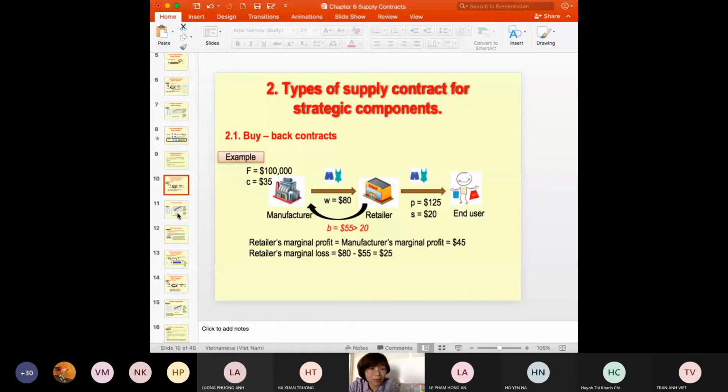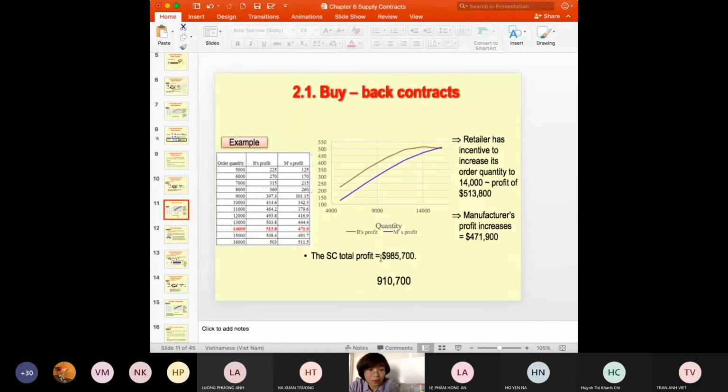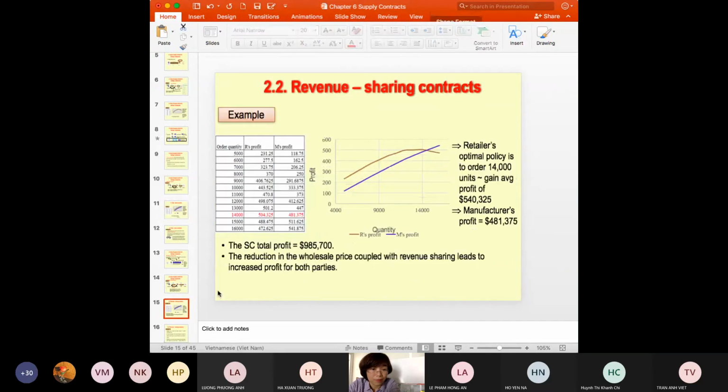So look at this. You see in the buyback contract, sorry, in the buyback contract, you get the same profits for the supply chain. That is, you get benefits for both the buyer and supplier.